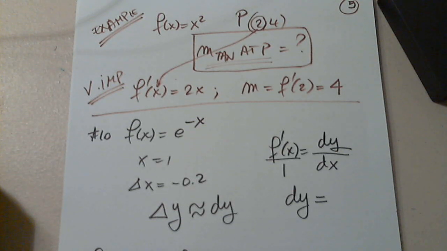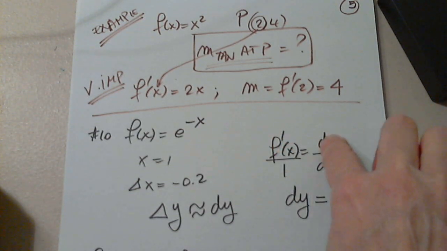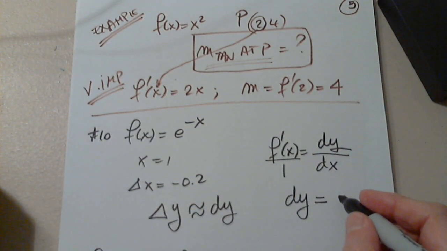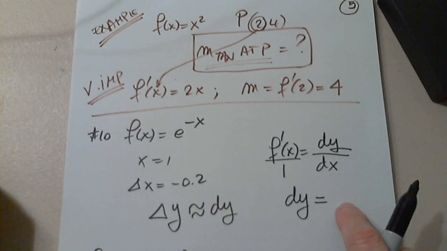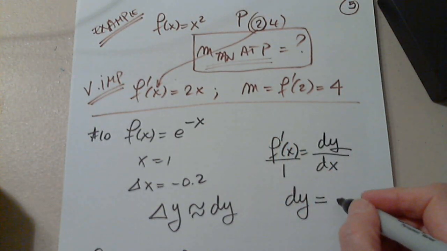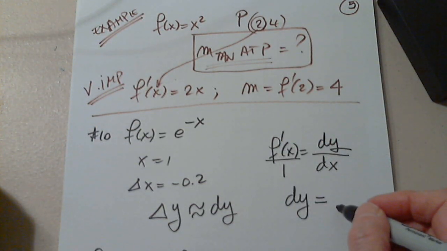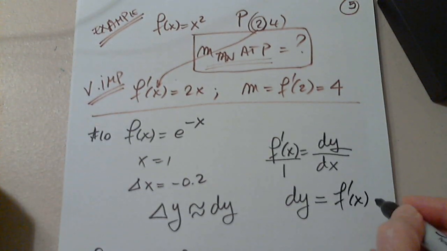We cross multiply and we want to find dy. Can anyone say it again? dy times 1 equals, we cross multiply, dy times 1 equals, would it be f prime of x times dx?